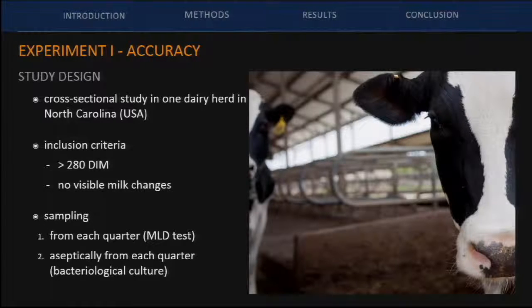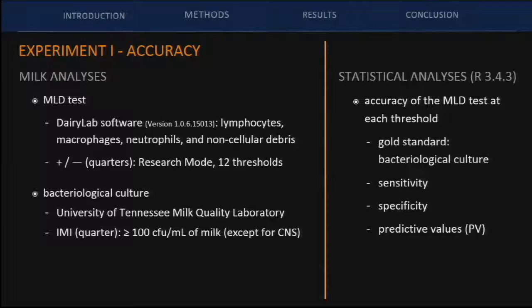So first experiment, the study design was a cross-sectional study in one dairy herd in North Carolina. All cows over 280 days in milk were included at the visit, and it required no visible change in milk. Sampling was done for every quarter for MLD, but also for bacteriological culture. The MLD test differential measures lymphocytes, macrophages, neutrophils, and non-cellular debris, and they have an algorithm.